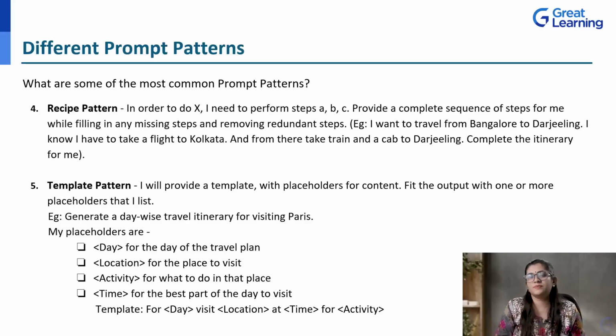So this becomes your entire output. And you're giving the template. You're giving placeholders that place my information in these and generate output in the form of this line, for day, visit, location, at time, for activity, containing everything.